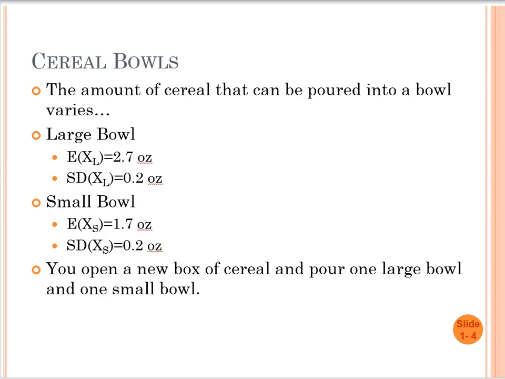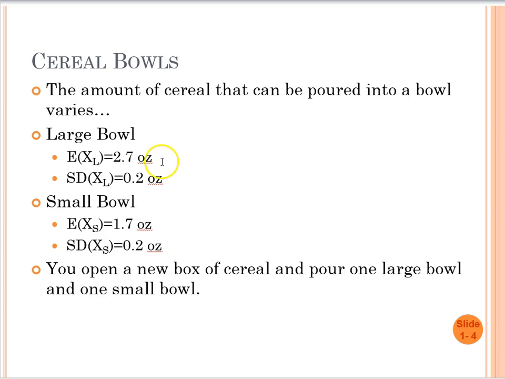So maybe insurance policies and profit isn't necessarily something that you're particularly interested in. But let's say you're interested in nutrition and dietetics. Let's do a problem that works through something that might be relevant to that. So here we have an example where we have 2 bowls of cereal, a large bowl and a small bowl. And each morning you pour some cereal into each of them.